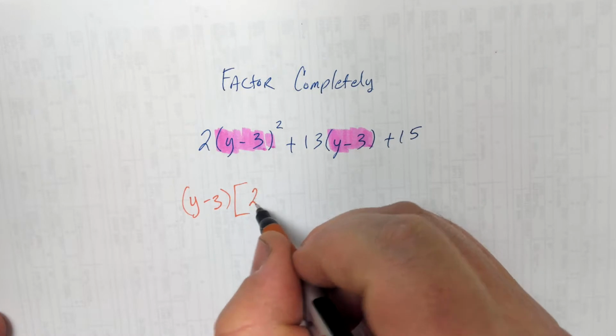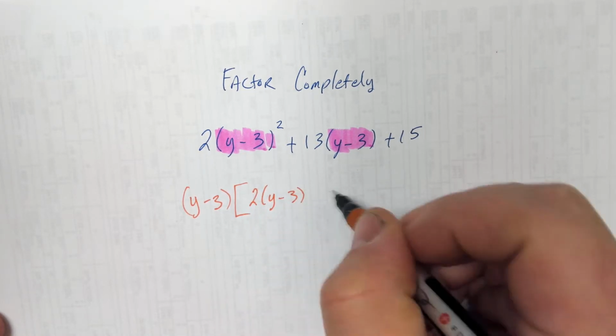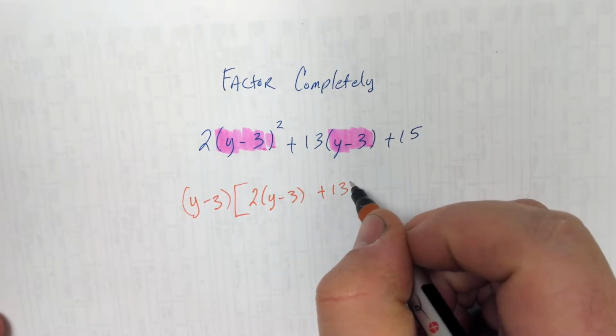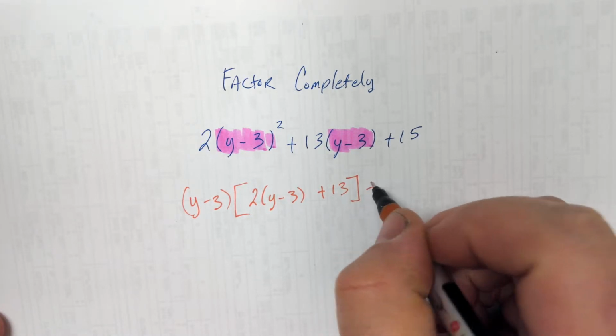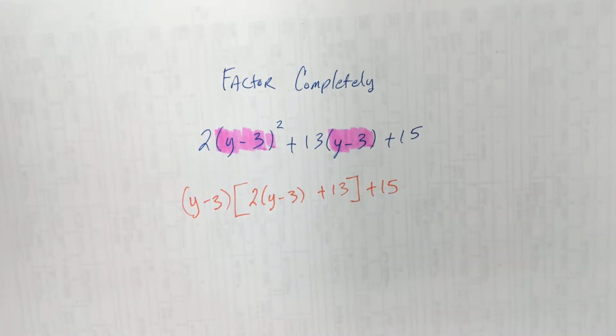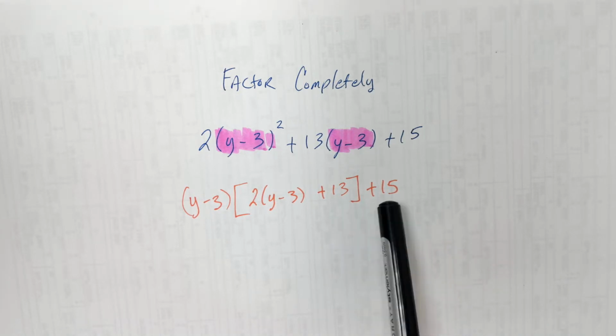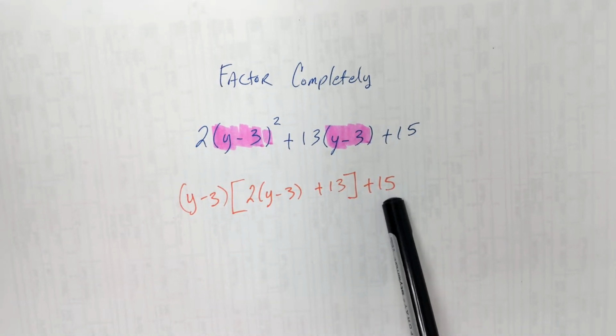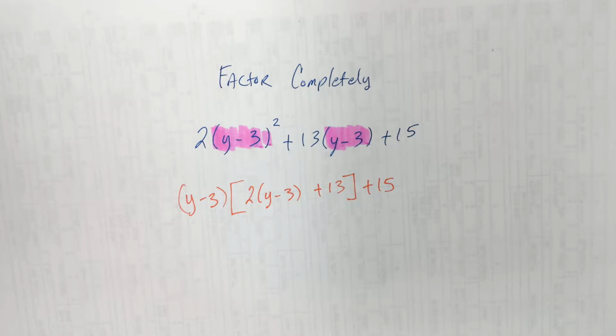I have one left right here, plus 13, and then plus 15. I have to use those brackets, otherwise it doesn't work. If I didn't have the brackets, then it would be y minus 3 times that 15 also, and that's not what I started with.